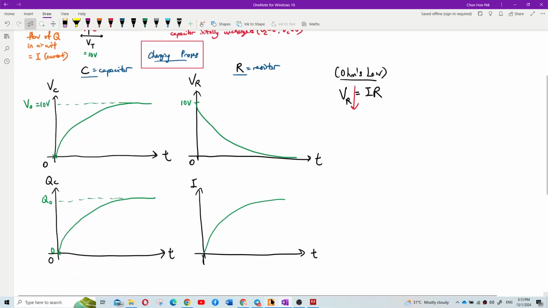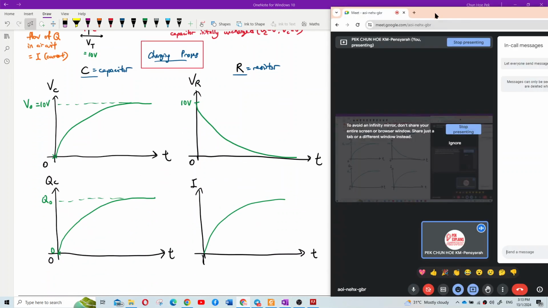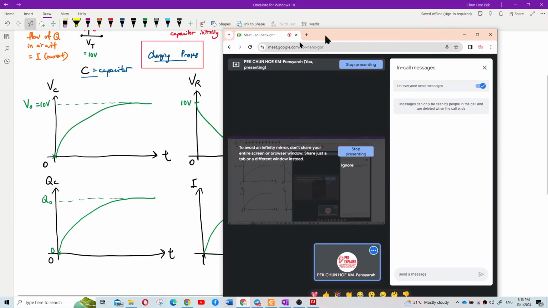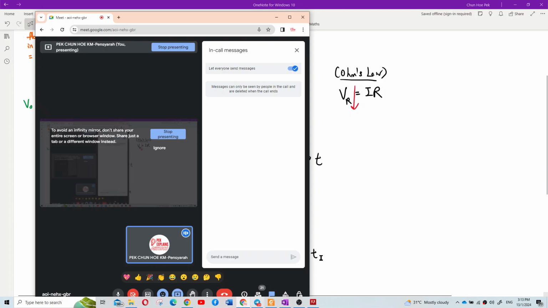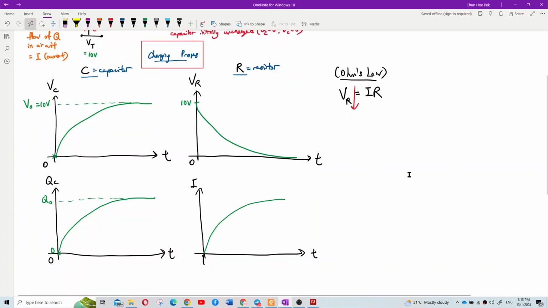I want to see your hand also lah. As time goes by, voltage across resistor semakin berkurang. So that means current also semakin berkurang. So adalah salah kalau kata charging process, current semakin bertambah.